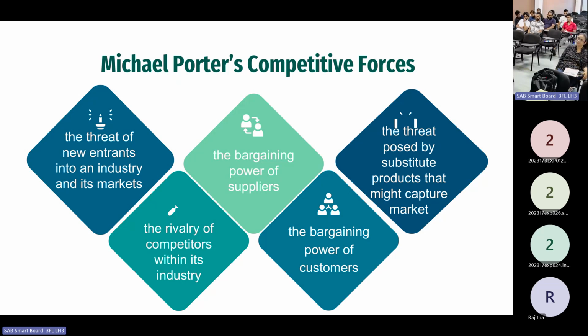Then there could be a threat even from substitute products. Competitors we know provide the same product or service. Substitute products satisfy the same need, though they may not be the same product or service. So what could be a substitute product for our degree?